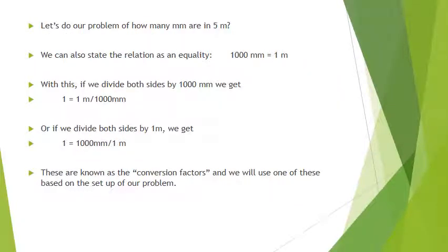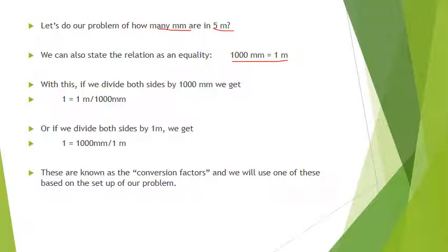Okay, let's do our problem using dimensional analysis. So this is going to be the quick and dirty way called dimensional analysis. So how many millimeters are in 1 meter? Okay, so we have the equality that 1,000 millimeters equals 1 meter. With this, we can divide both sides by 1,000.